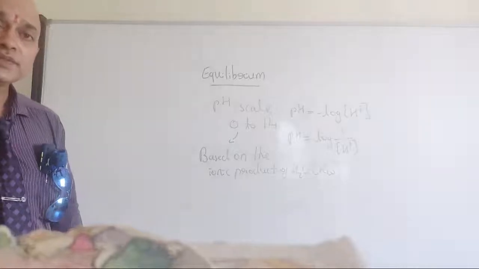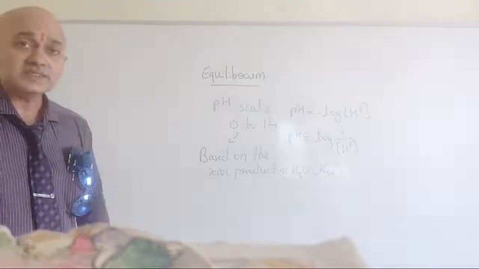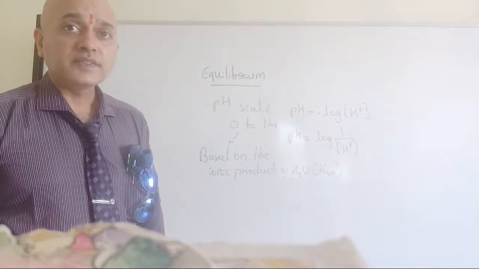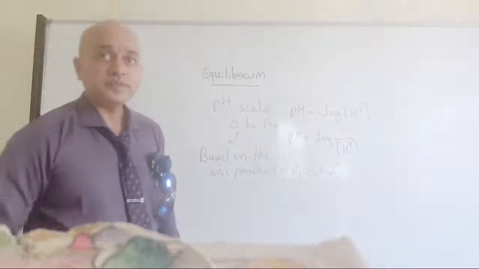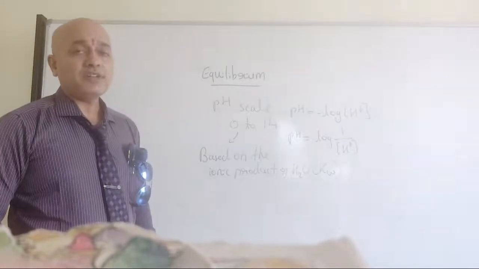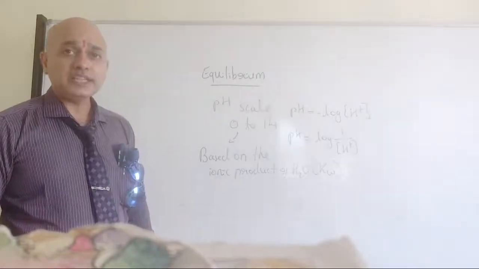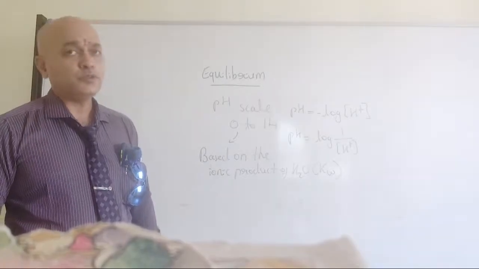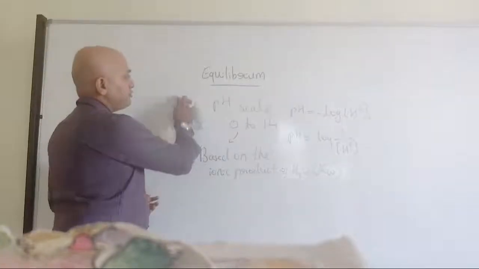Any doubts? What the ionic product of water is, we are going to discuss in the next class. But for the time being, any doubts? So this is where we have the pH scale. Tomorrow anyway, we are going to discuss that and we will solve some problems related to pH calculation, which can be asked for 1 mark or 2 marks. Fine? Any doubts related to today's class?